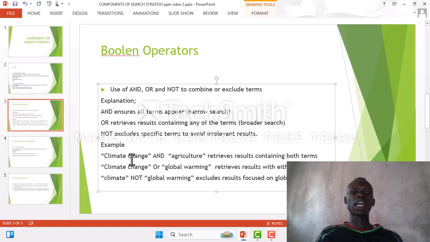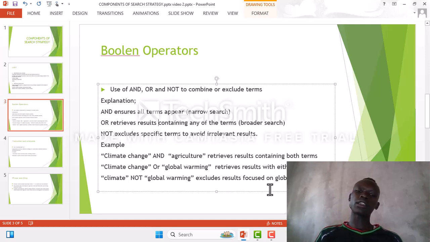For example, climate change AND agriculture retrieves results containing both terms. It will give us results containing both climate change and agriculture. Then we also have climate change OR global warming. This one retrieves results with either term.